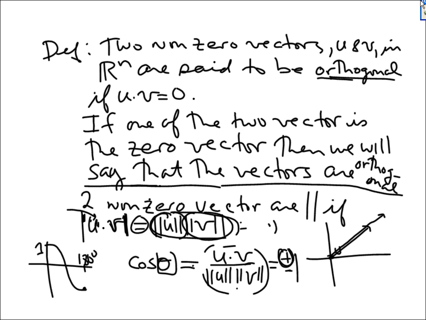Now, what if they're 180 degrees apart? That means one vector goes that way, and the other goes the complete opposite way. Their angle is 180. The vectors are parallel, but in opposite directions. When the cosine of theta is plus 1, the vectors are parallel, and they go in the same direction. When the cosine of theta is negative 1, they're parallel, but they go in opposite directions.